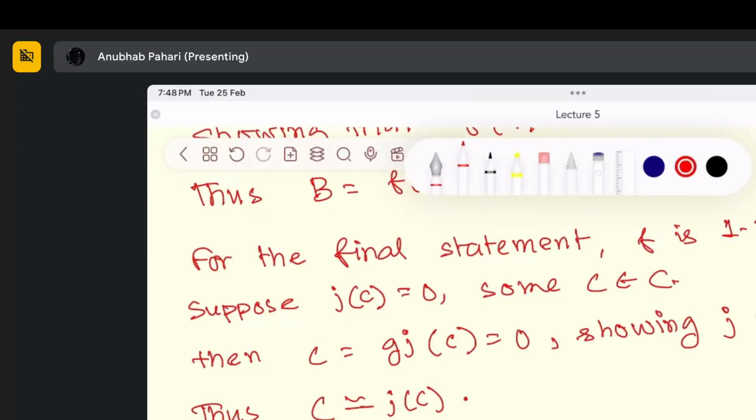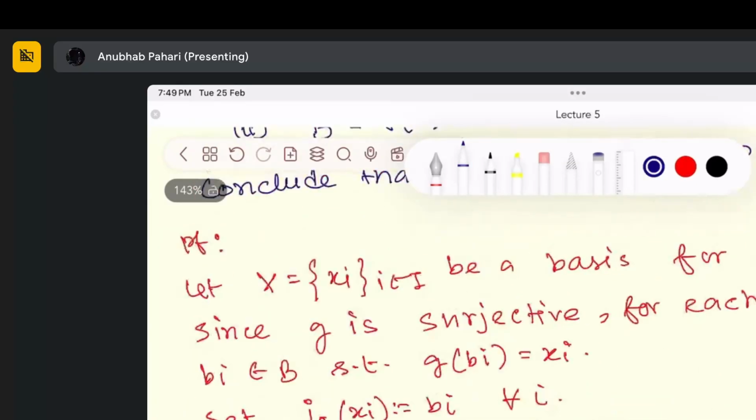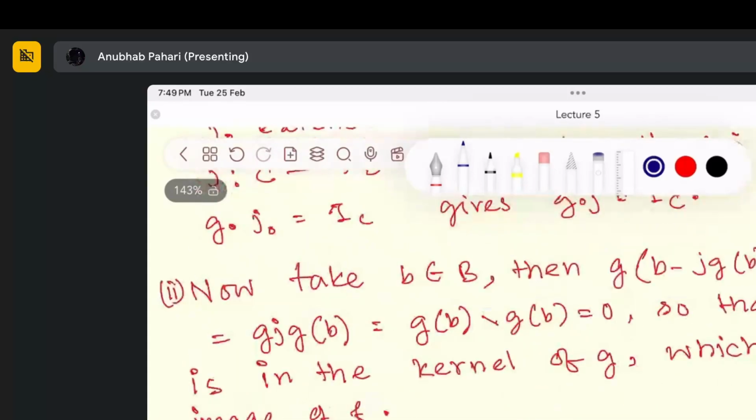Now we'll do an interesting problem, and I think it will be our last problem today. So yeah, this should be problem 5.